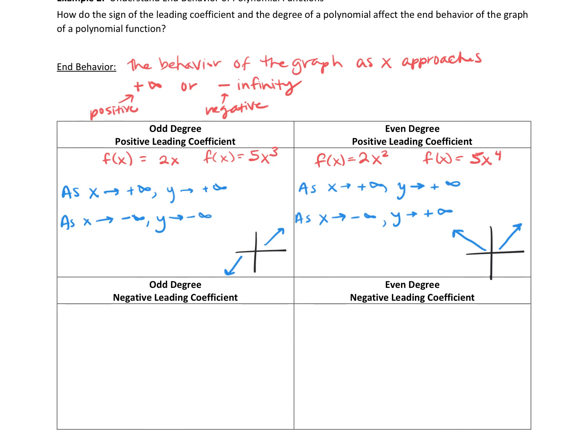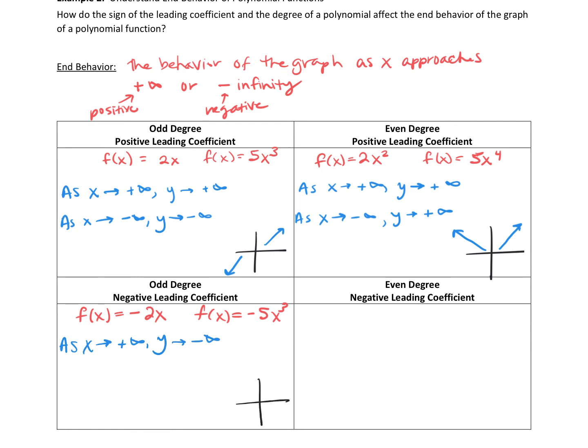All right, what if your degree is odd but you have a negative leading coefficient? So f of x equals, let's say, negative 2x to the first power, or f of x equals negative 5x to the third. So it is an odd degree, but negative leading coefficients. So as x approaches positive infinity, the right side of the graph, what's happening to the y's? Your y's are approaching a negative infinity.